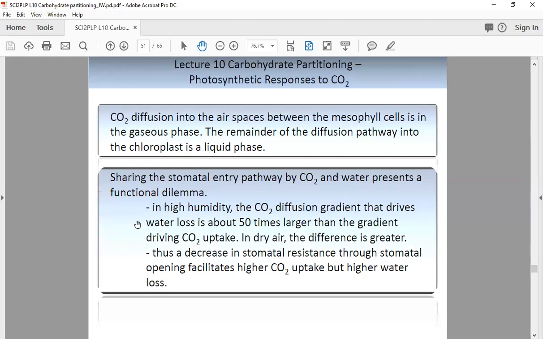And in dry air, this difference is even greater. Therefore, a decrease in stomatal resistance through opening of the stomata facilitates higher carbon dioxide uptake, but unavoidably also is accompanied by substantial water loss.